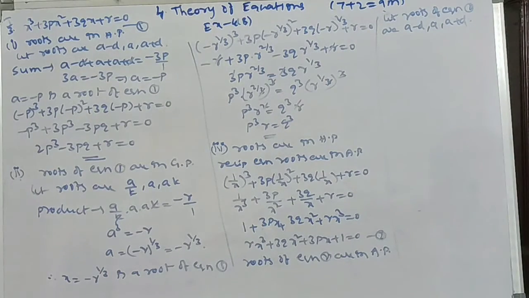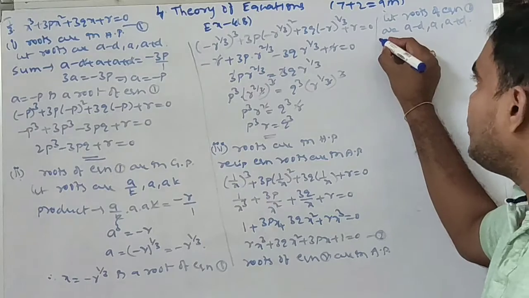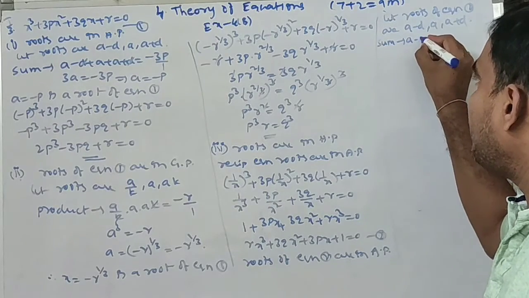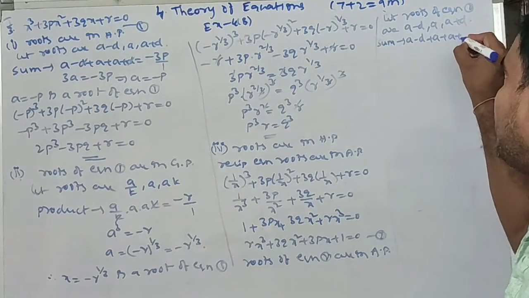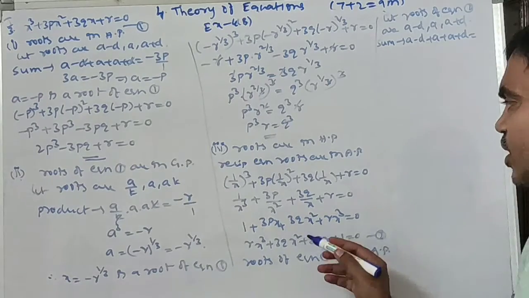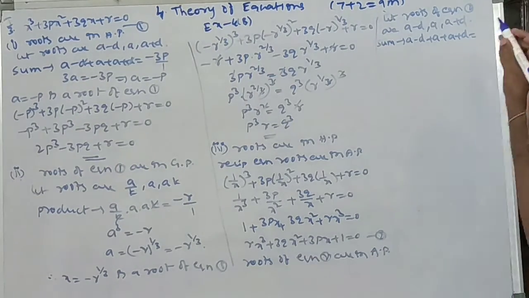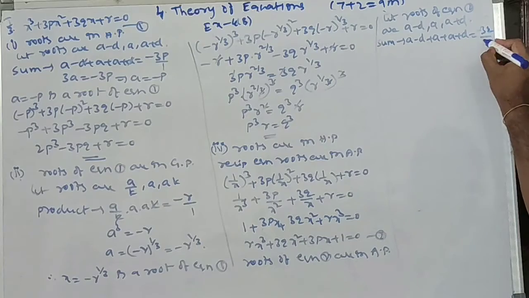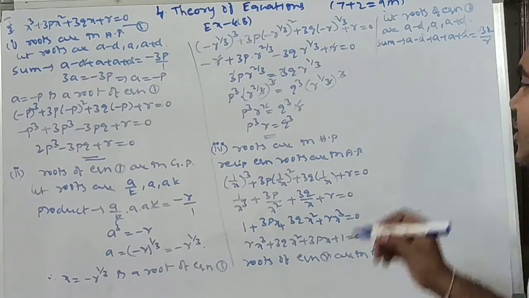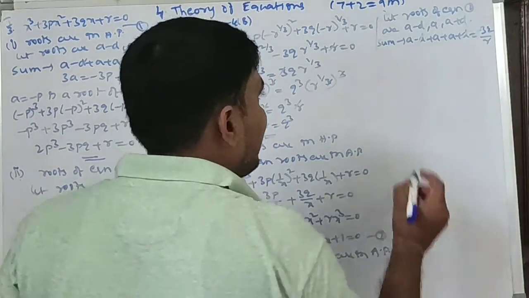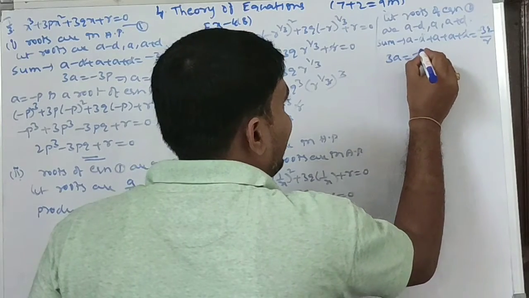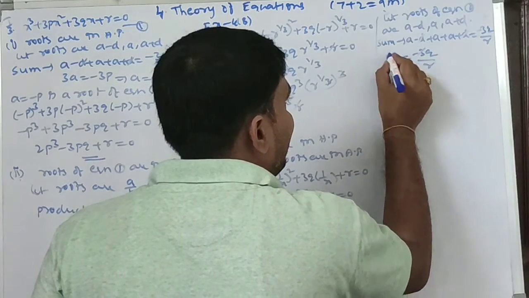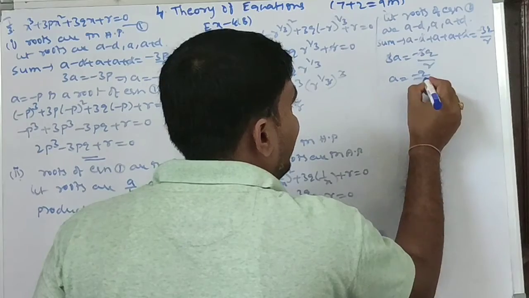Whenever the roots are in AP, we should take the sum: a − d + a + a + d equal to −3q/r. So d cancels, 3a equal to −3q/r. 3 cancels. a equal to −q/r.